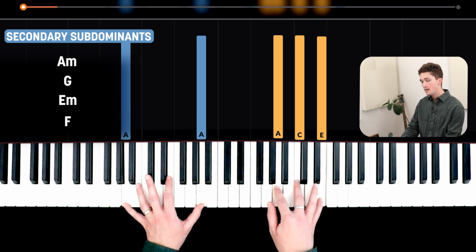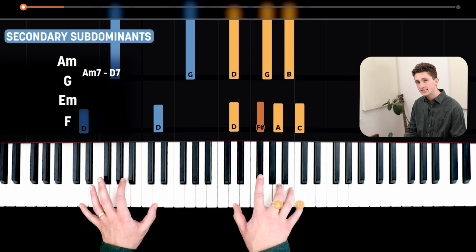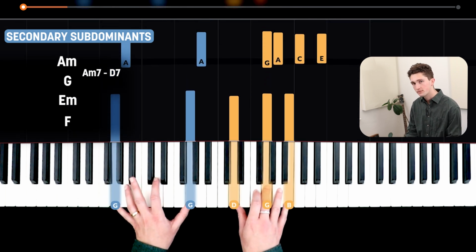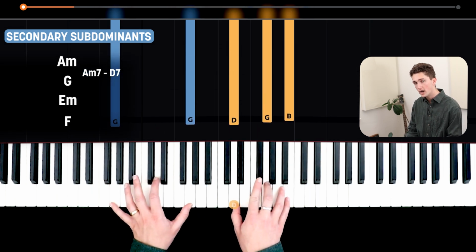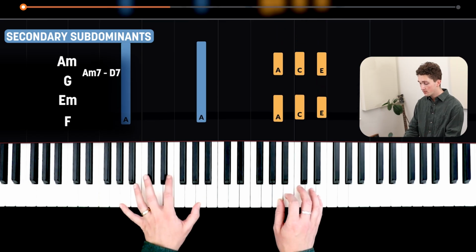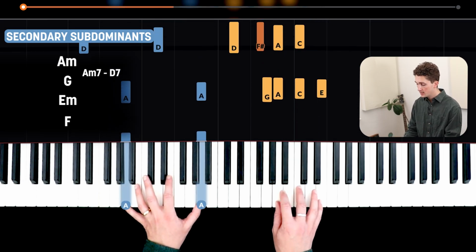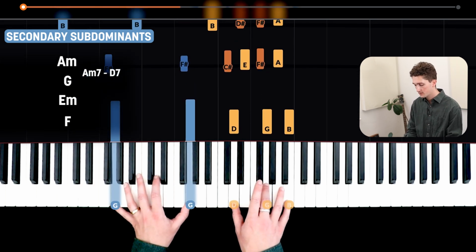Well, we had A minor, that's our first chord, and then we had A minor 7, D7, G. That was the 2, the 5, and the 1 of G. So it's like we're temporarily considering G as the home chord, as the tonic chord of the chord progression, even though A minor is the true tonic chord. So this is our chord progression so far. We've got A minor, and then A minor 7, D7, G.